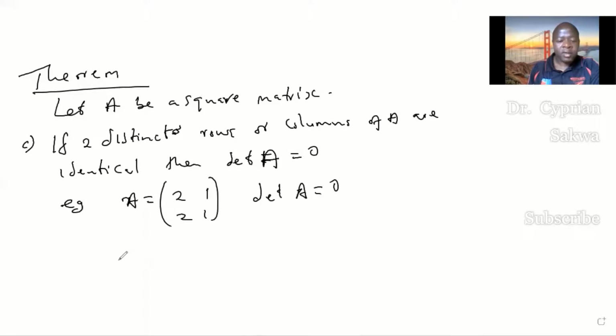For instance, if I have this matrix 1, 0, 2, 3, 4, 7, 1, 0, 2, and I'm asked to find the determinant of this matrix, without wasting time, I would say that the determinant of this matrix is 0, because I can see that row 1 is identical to row 3. So if that happens, then the determinant is 0. I don't need to calculate it. And if you were to calculate, you would still get it to be 0.